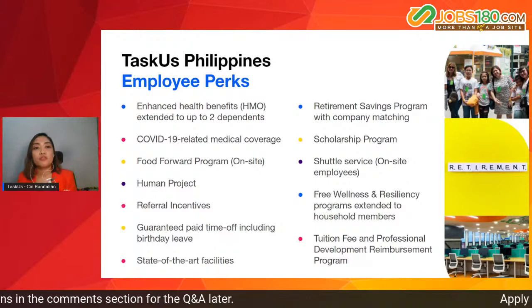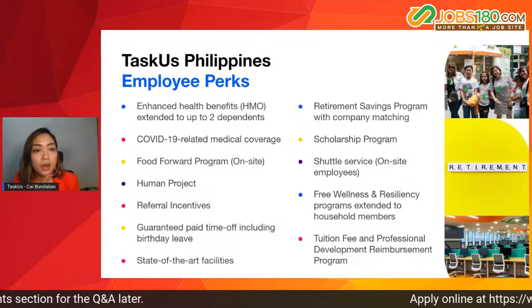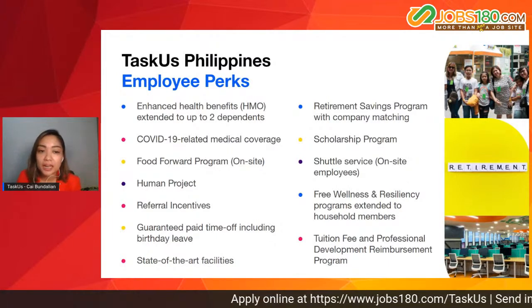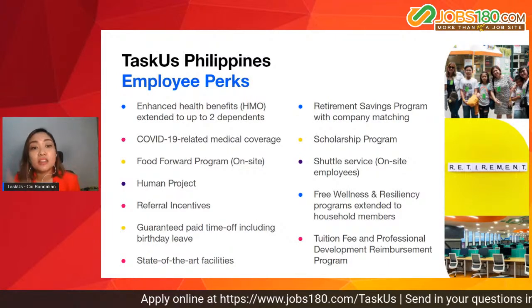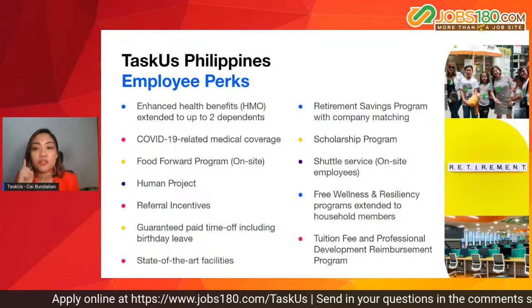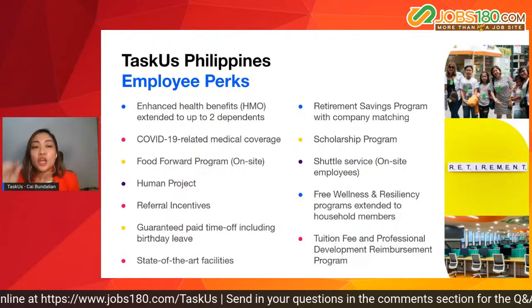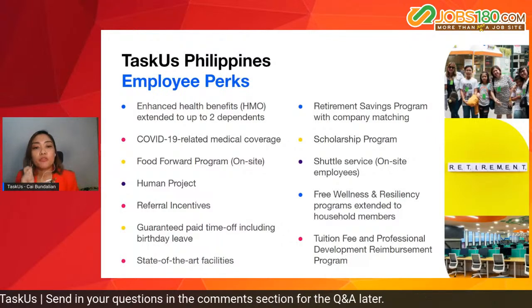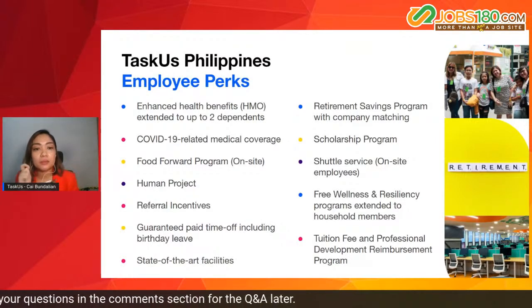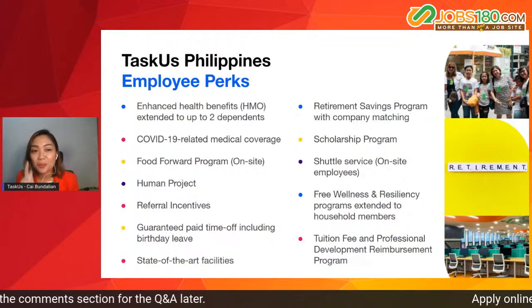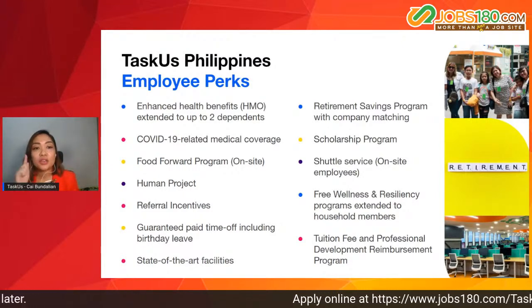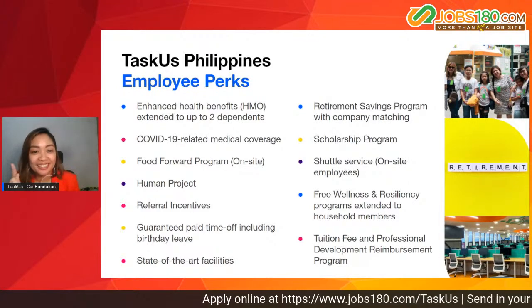We also have this food forward program, which is done on site. We also have Human Project, and we also give out incentive referrals. So if you have referrals and they get hired, you will get an incentive bonus out of that. And of course, we also give out guaranteed paid time off, including your birthday leave. So that is one of the fun things here in TaskUs. You can actually take a leave during your birthday.